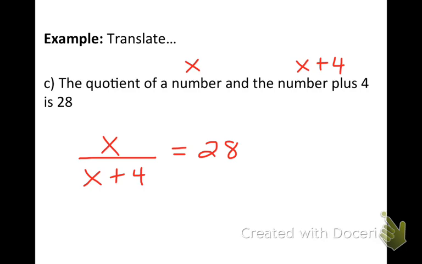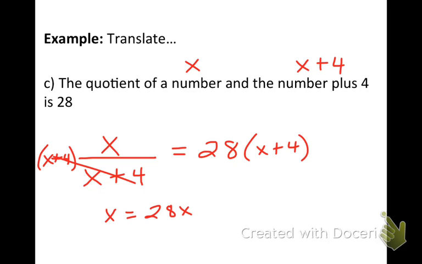Well, multiply by x plus 4 on both sides. Good. So if I multiply by x plus 4 that way, it's going to cancel out. So that means I'm going to have x equals 28x plus 112. And then we shall be able to solve that from there.